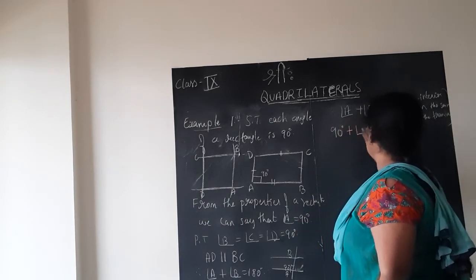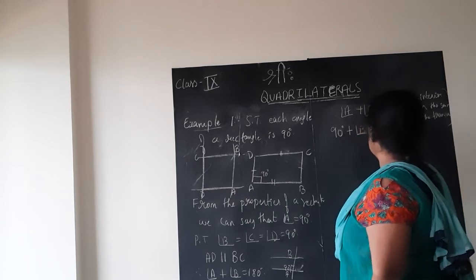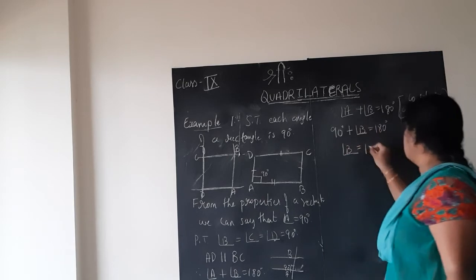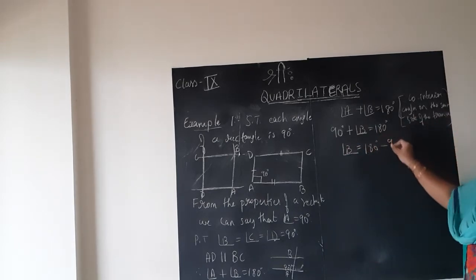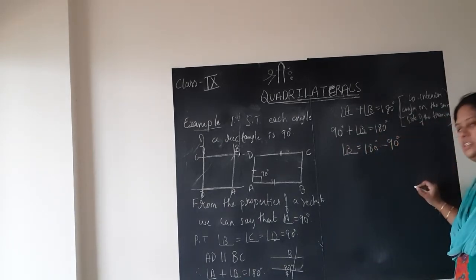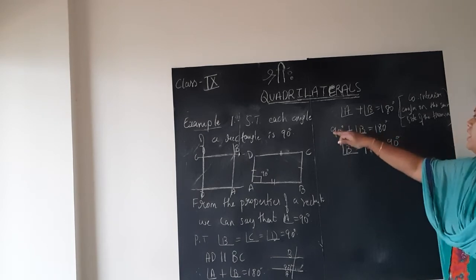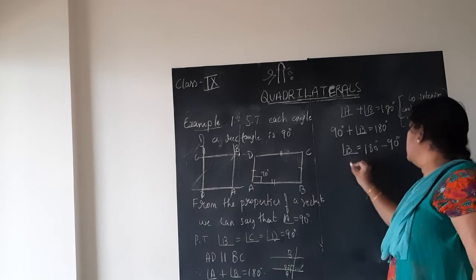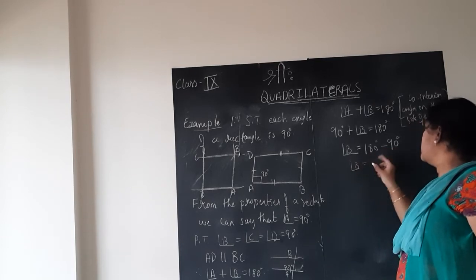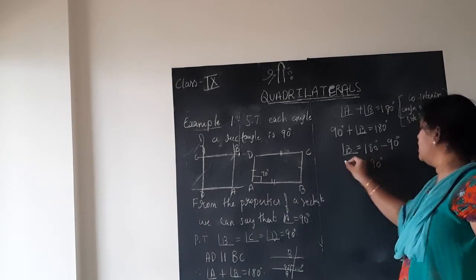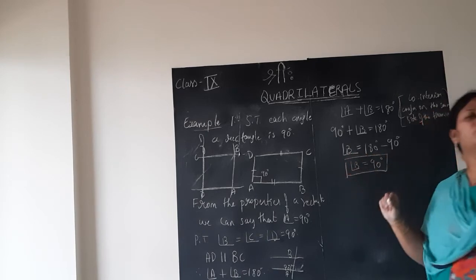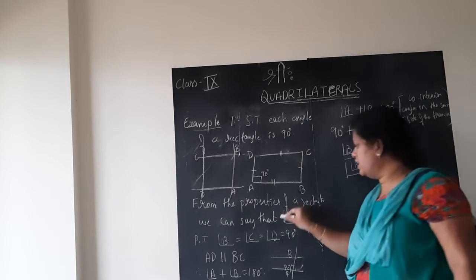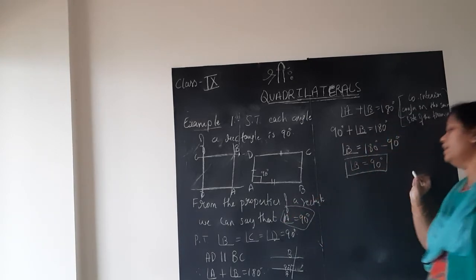So, 90 degrees plus angle B is 180 degrees, means what is angle B? It is clearly 180 degrees minus 90 degrees, isn't it? So clearly we got angle B as 180 minus 90, that is 90 degrees. That's all. So we proved angle A is 90 degrees and angle B is 90 degrees.